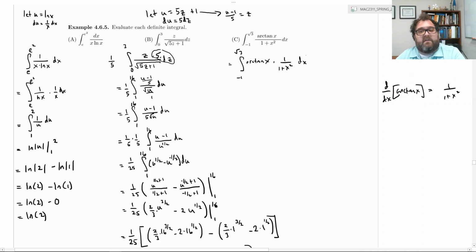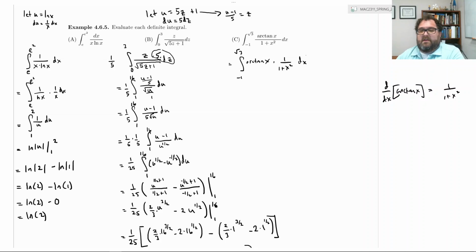We literally have a function times its derivative. And isn't that exactly what we want if we want to recognize that we need to undo the chain rule? The chain rule gives us a function times its derivative, for a special case.